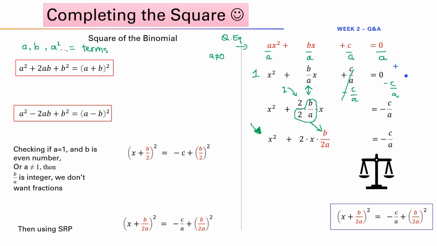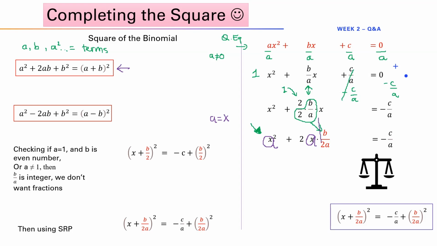Now look at this. I have a squared plus 2ab plus b squared equal a plus b all squared. So I will use this one, right? If I write down a, look at the bubble letter, okay? A squared, if I set a equal x, and then I have this one is a. Now I set my b as b over 2a, the red one.